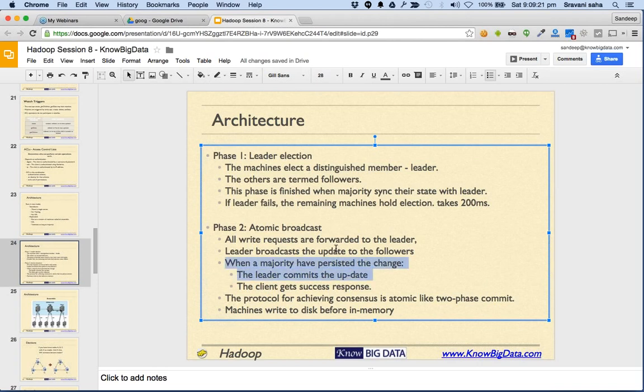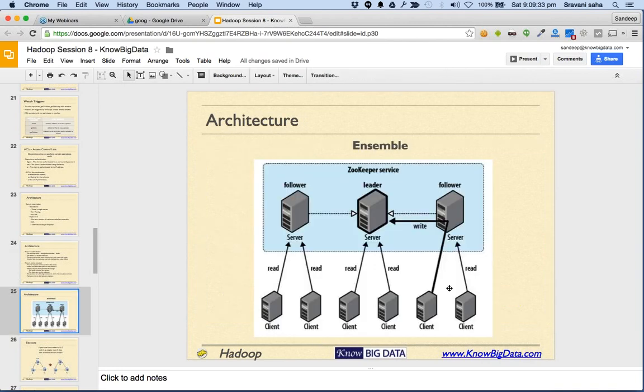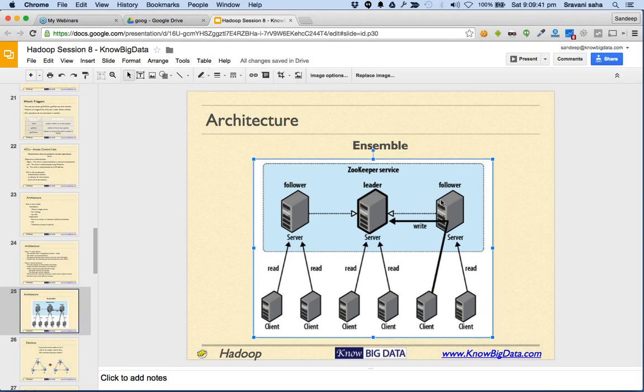And when the majority have persisted the change, the leader will commit the update and the client gets the success response. Majority has persisted the change, so what does it mean? The client tried to write something, it was forwarded to the leader. The leader will send the new changes to all the followers. If there are 50 followers, it will send the changes to all the 50 followers.